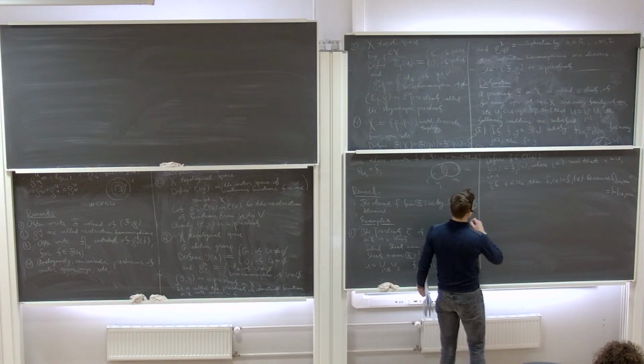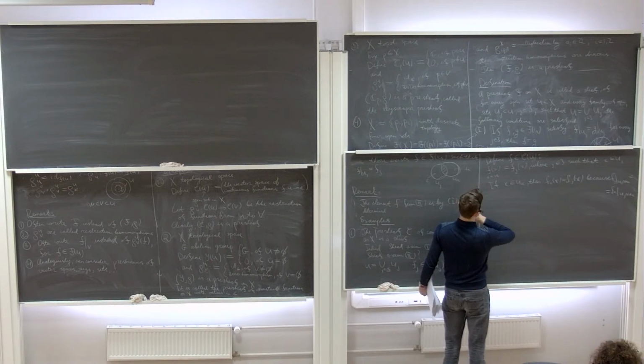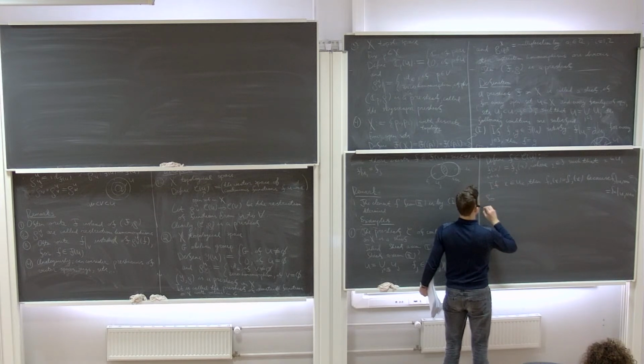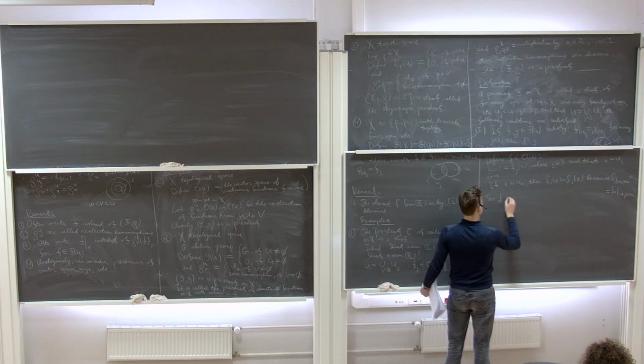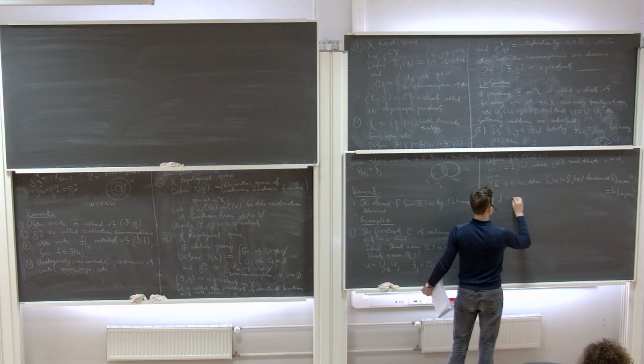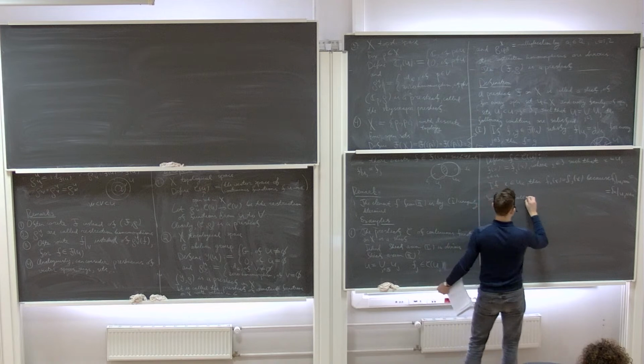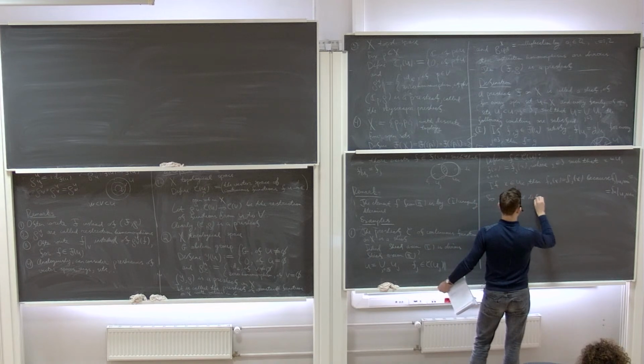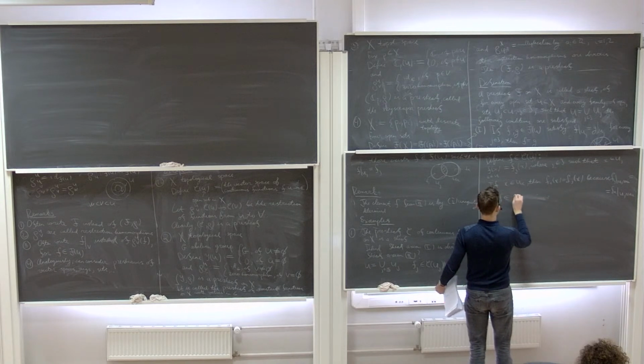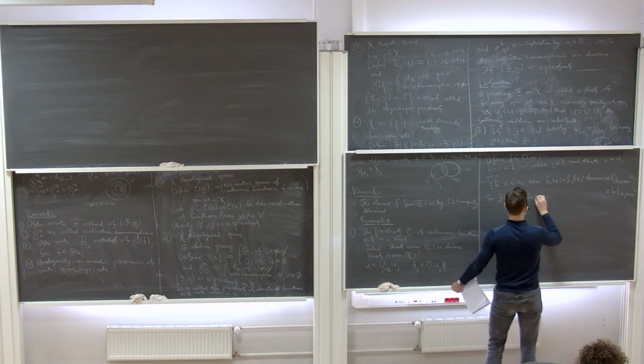So this definition is correct, f is well defined. So a function f from U to C is well defined.